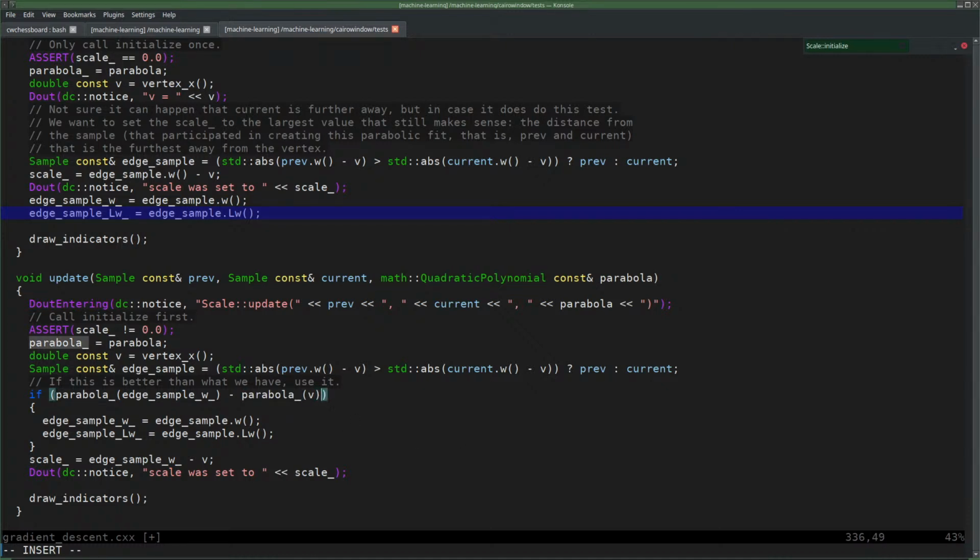Let's just do it. It's all good. Okay. So that's the old value with the new parabola compared with the y value in the vertex with the new parabola, and then that distance, and then the absolute value of that.